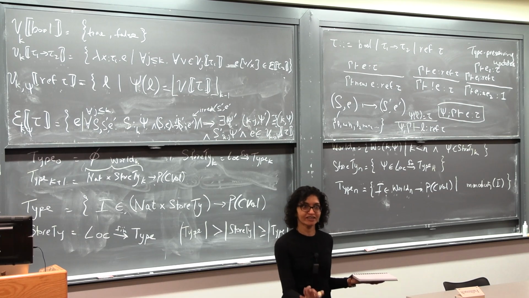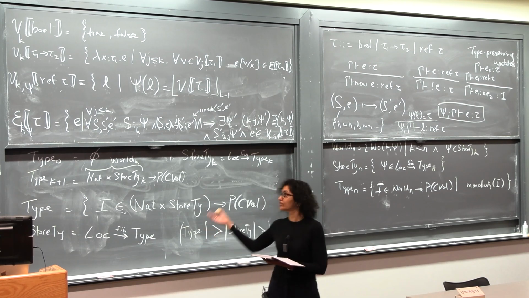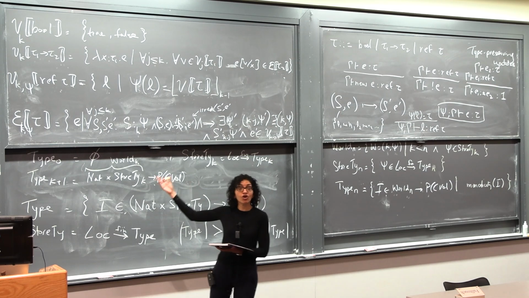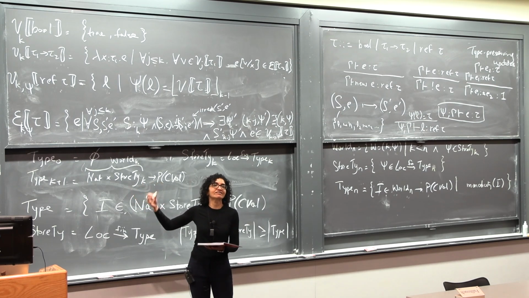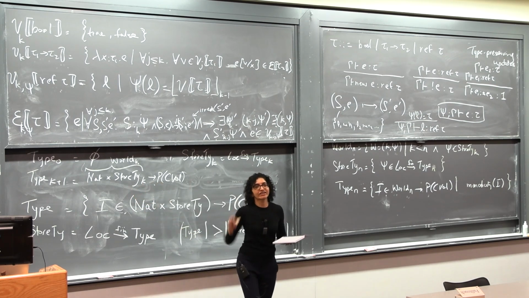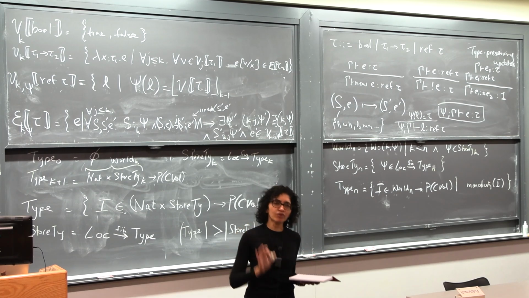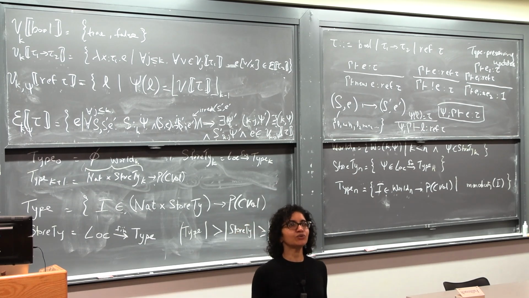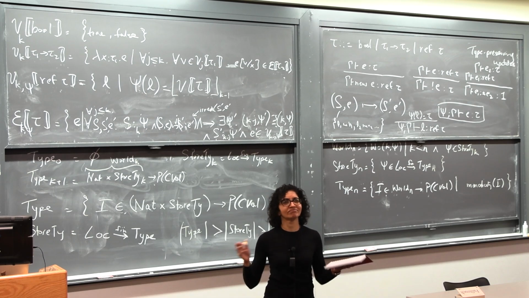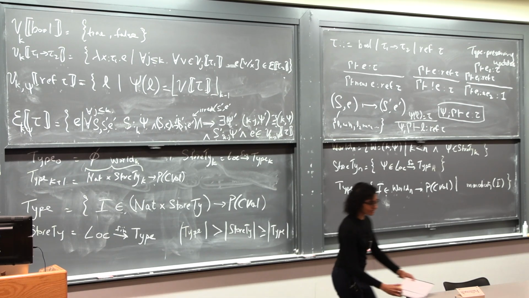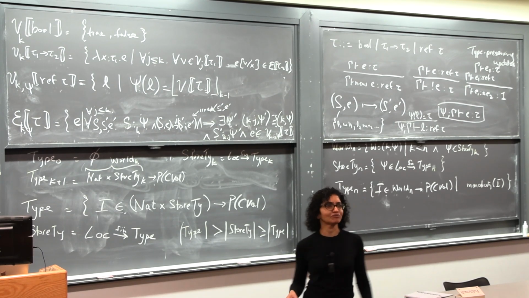Your store typing psi can keep track of all of those semantic typings, and things would still work out. Especially when you add polymorphism to your language, these kinds of things become interesting. But that's a slightly fuzzy answer, right?